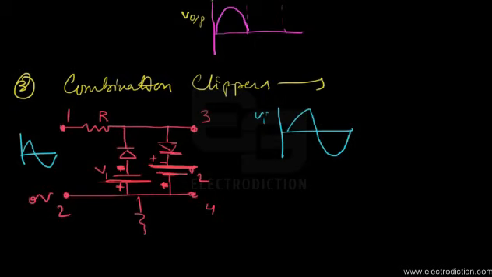So here what happens is that when the first half cycle arrives at the input to this circuit, let this be called diode D1 and this be called diode D2. The diode D2 is forward biased, as we have a positive voltage at terminal 1 and a negative voltage at terminal 2.